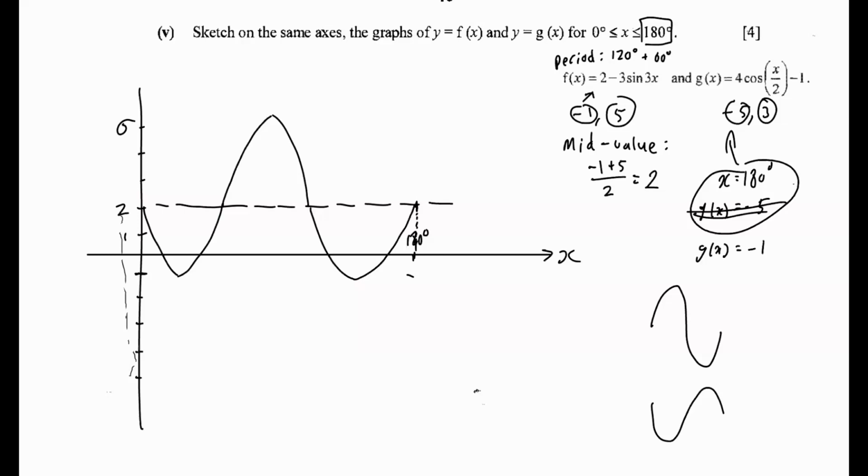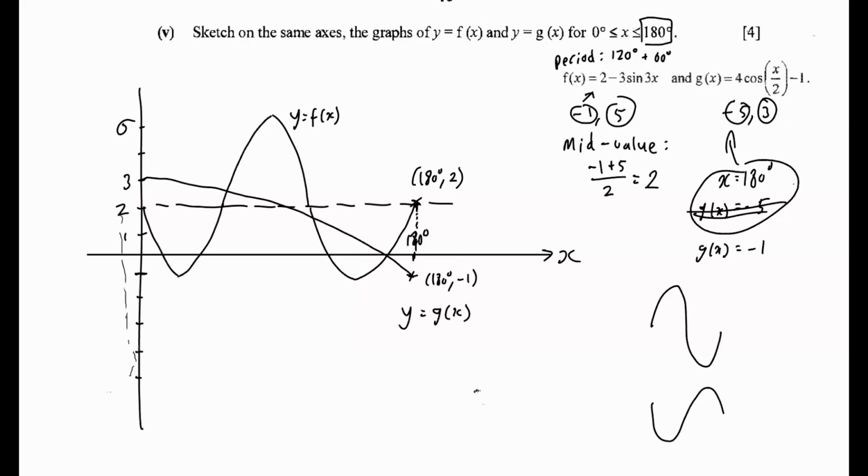So it only actually goes from +3, which is here, all the way down to here. 180 degrees, comma, -1. This is 180 degrees, comma, 2. Yeah. That's my g of x. This guy is my y equal f of x.